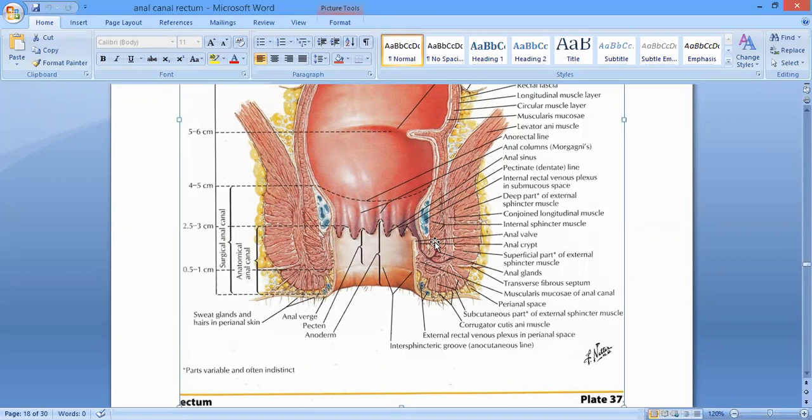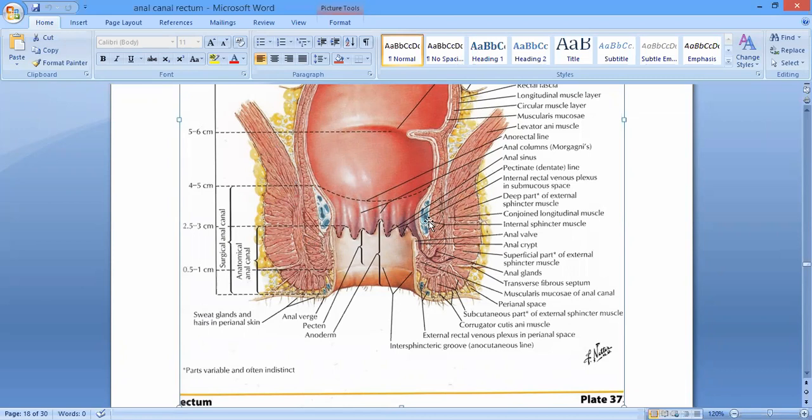Okay. When we talk about the muscular coat of the anal canal, अभी तो हमने mucous membrane और इसका internal structure देखा ना जी? This is basically the coronal section. Here you can see the walls of the anal canal. We have two types of muscles: the outer longitudinal muscle and the inner circularly arranged muscle.